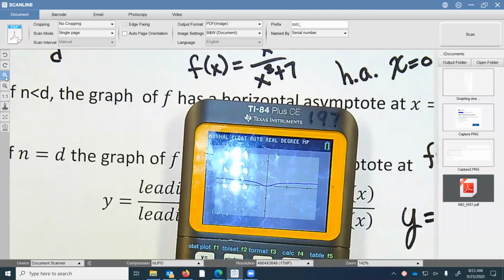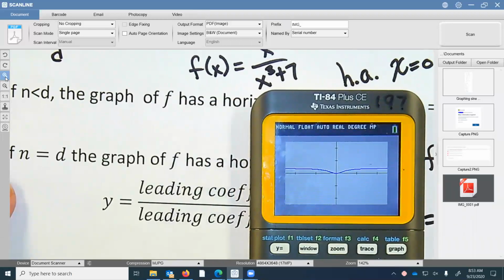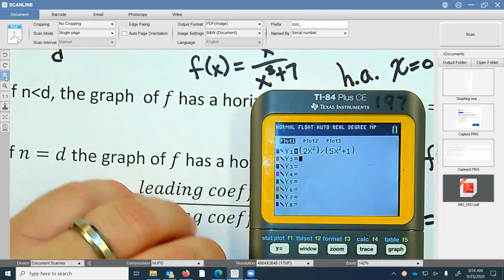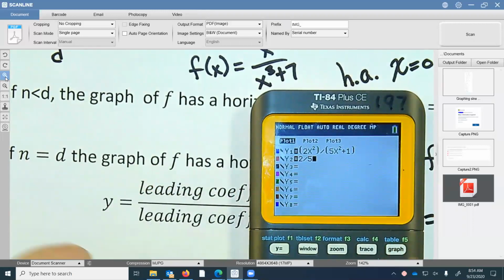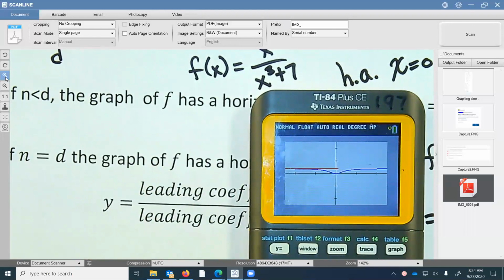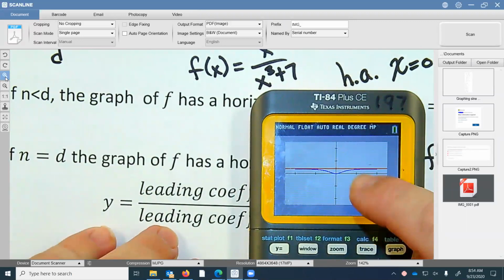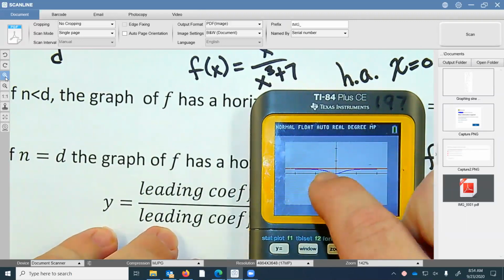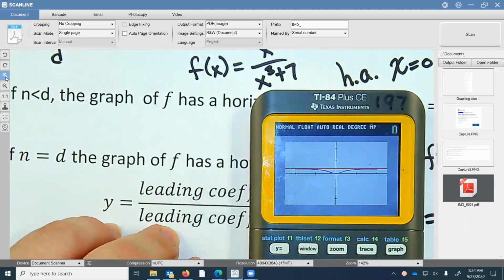If I draw the line of 2/5 in there, that's the horizontal asymptote. We can see that the graph is approaching 2/5 on this side, and the graph is approaching 2/5 on that side.